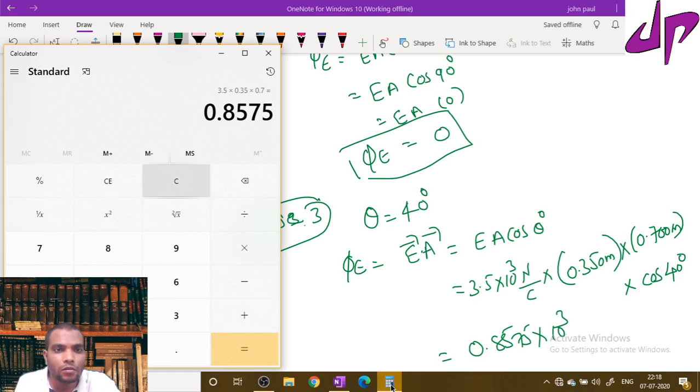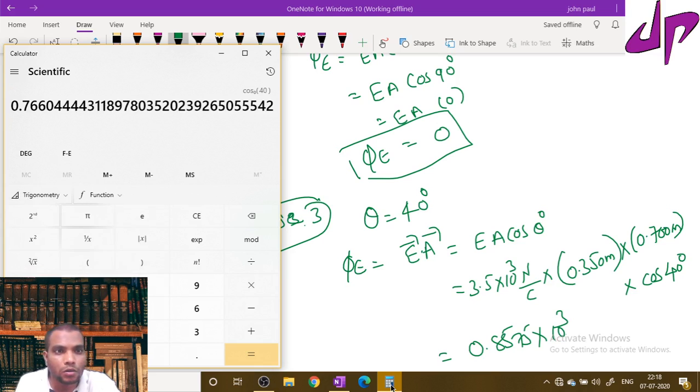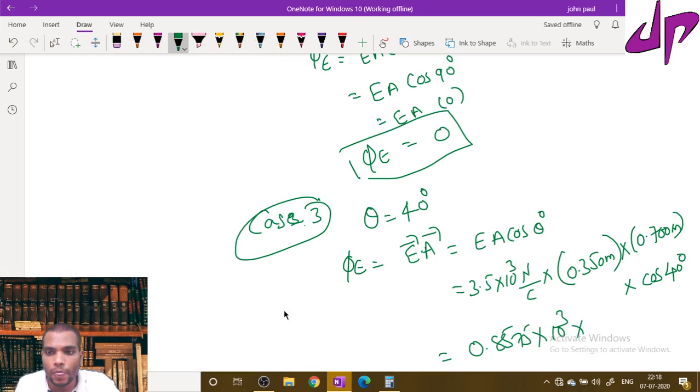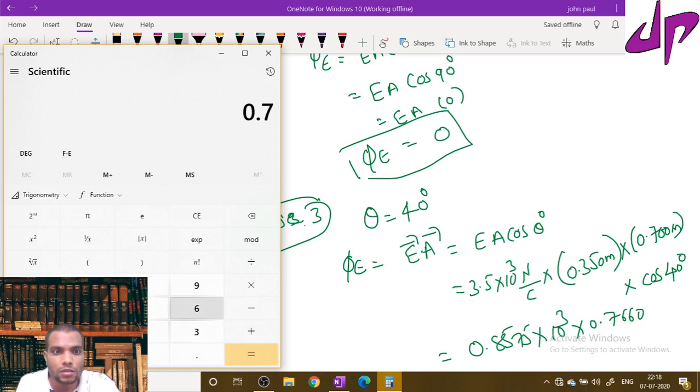But I need the value of cos, so I go to my scientific calculator and figure out the value of cos 40, which is 0.7660. Multiplying 0.7660 times 0.8575 gives the value 0.6568.